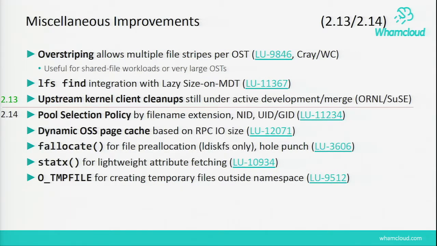There's also a number of other improvements. I won't go into the details of each one. I mentioned overstriping. LFS find has some improvements for performance. There's a whole separate presentation on the work that's being done to clean up the Lustre code so that it can go into the upstream kernel, and that's continuing to be done by Oak Ridge and SUSE.